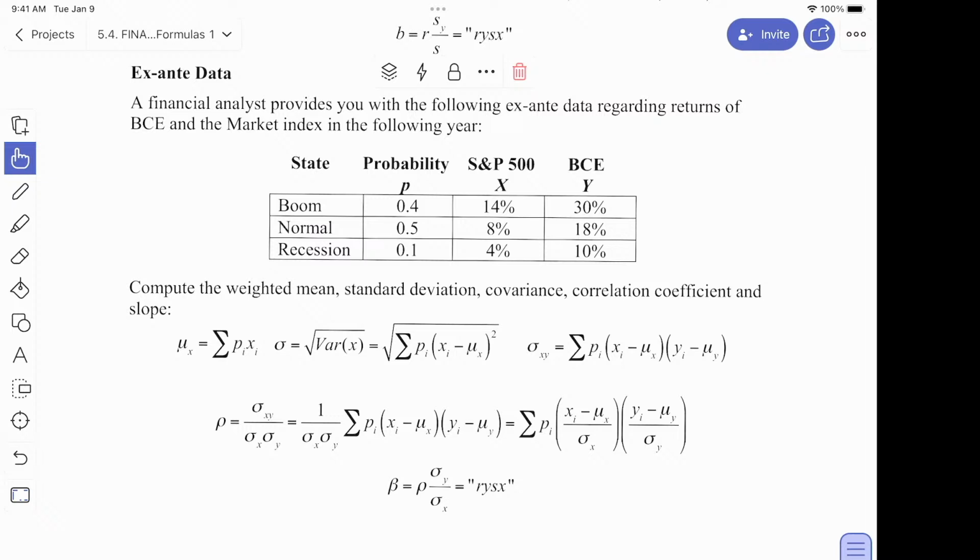They're not estimates anymore, okay? So that's what you see here. And the calculations are made as weighted statistics: the weighted mean, the weighted standard deviation, the weighted covariance, the weighted correlation, and the weighted beta.